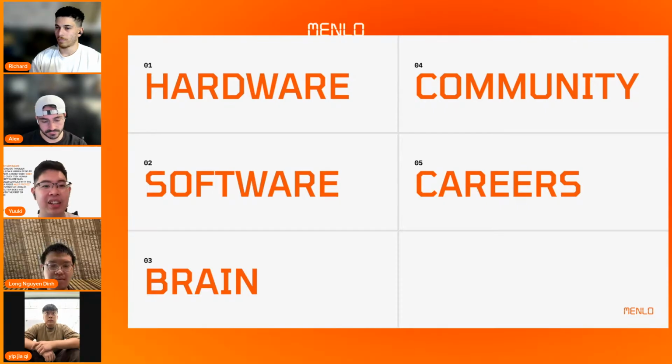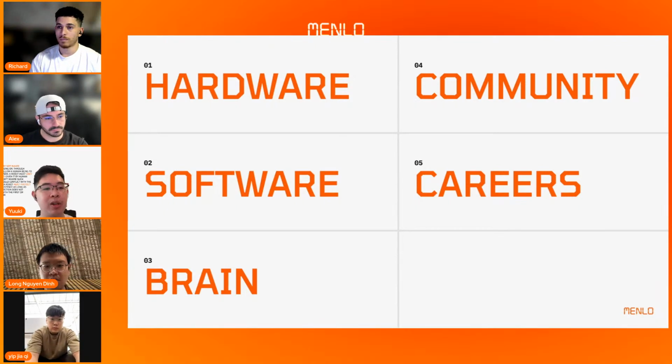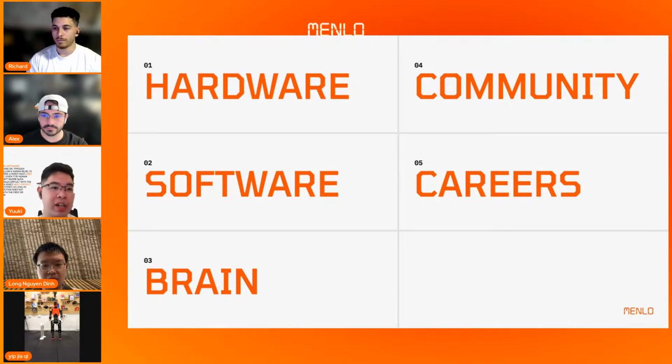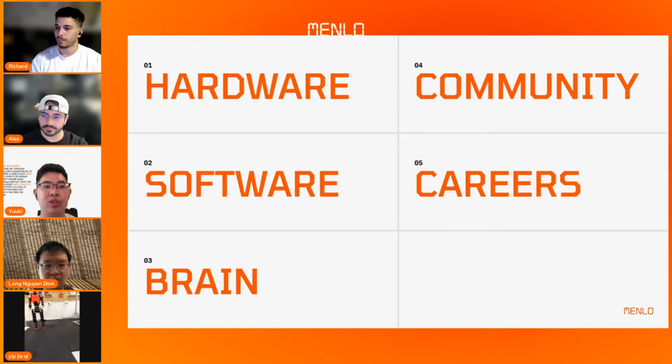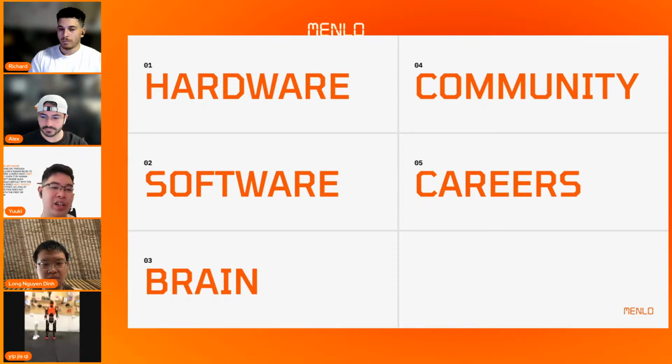Then we'll proceed with Brain, where we are very excited to show you the new walking policy live in a stream. The team has been working really hard on that. Then we go on to community with Richard Franklin and Emre to share a bit about our social media effort. Finally, we'll end with careers from Herman, to tell you about all the open roles at Menlo. Okay, let's get started.